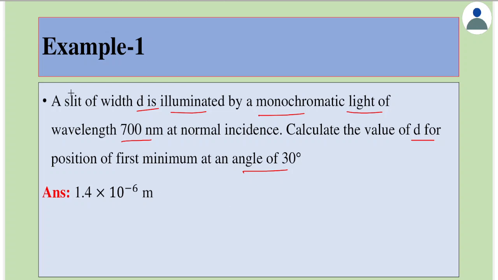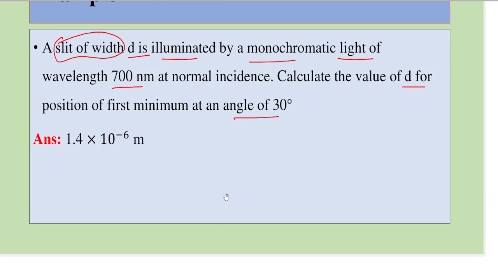Here it is a single slit, so it is based on diffraction, and we know that in case of diffraction the condition for minimum is d sine theta equals n lambda, where n is equal to 1, 2, 3, etc. This is the condition for minimum for diffraction in case of path difference.